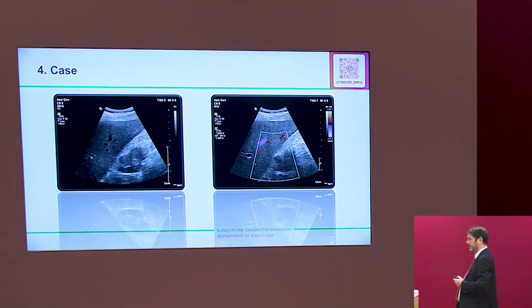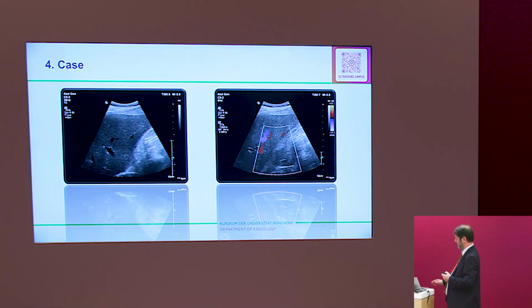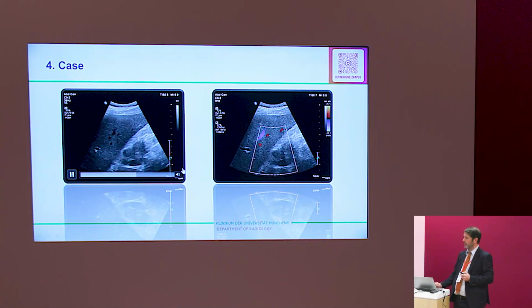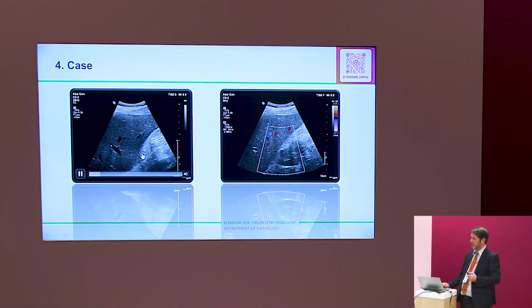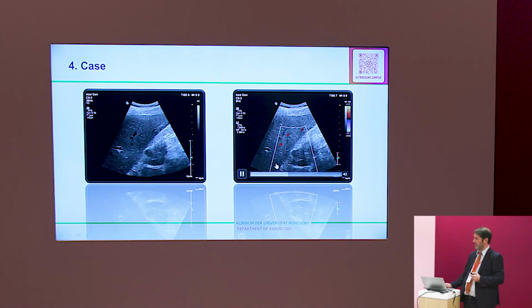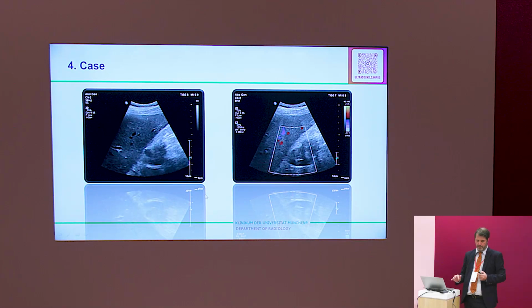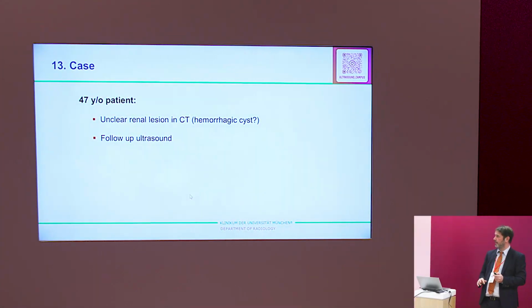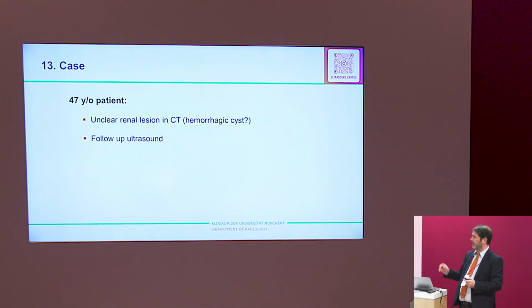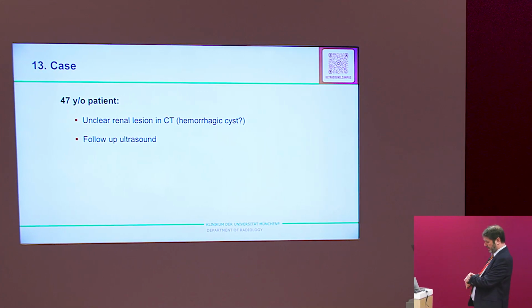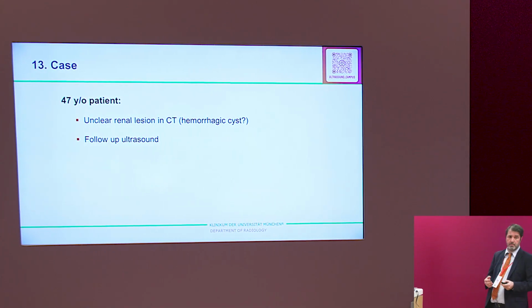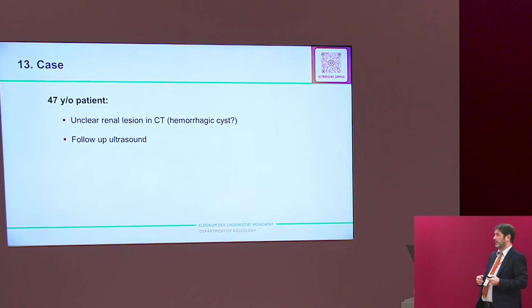Also here, CT detected a small lesion. There is a small lesion also seen in the grayscale or color Doppler. Even here, we could not see flow. In CT, they described it as maybe a hemorrhagic cyst, or what it is.